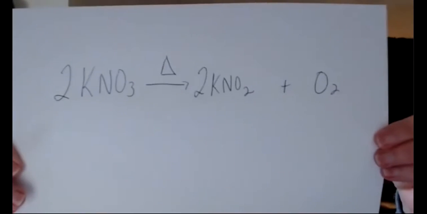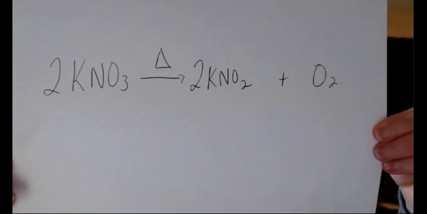So let me balance. It's a 2 here, a 2 here. Now it's balanced. It gave me in that problem 1.245 moles of the potassium nitrate. So I'm going to do a mole ratio to get to my oxygen. Let me write it, and then I'll hold my paper up.